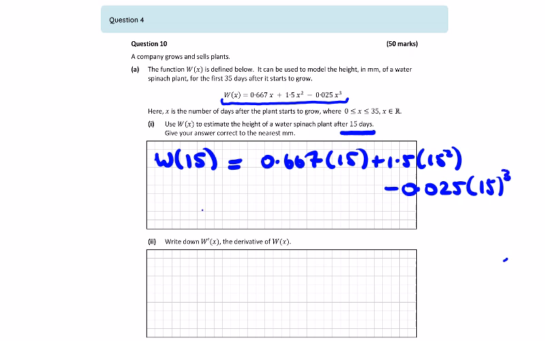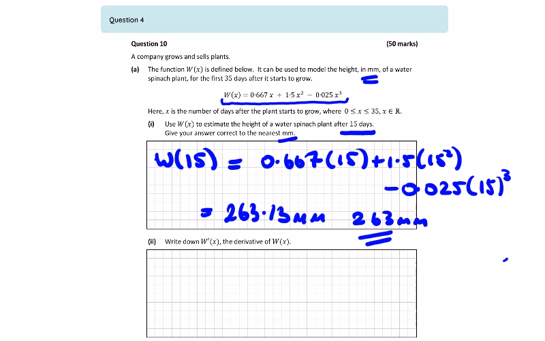Check this on a calculator twice. 263.13, and it's in millimeters, otherwise it would be a pretty tall plant. It's to the nearest millimeter, so 263 millimeters. Just check it twice on a calculator to be sure.